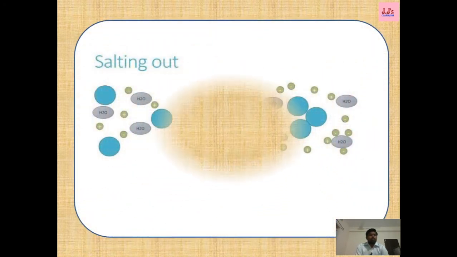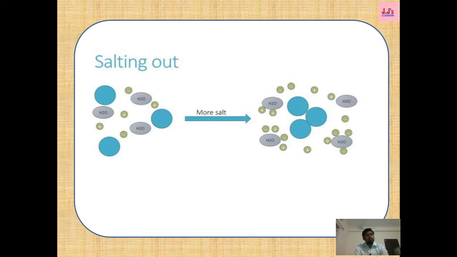Next slide is about the mechanism of the salting out process. So friends, here, these blue circles indicate the solute particles that are present in an aqueous phase. Water molecules are in gray color, and those are the charges of the salting out agent. When you add more salt in that aqueous phase, what happens?